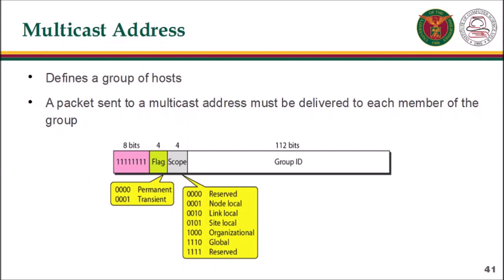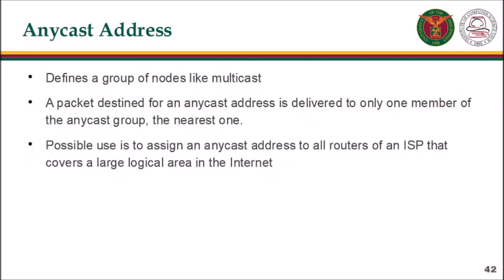A multicast address defines a group of hosts. A packet sent to a multicast address must be delivered to each member of the group. An anycast address defines a group of computers that all share a single address. A packet with an anycast address is delivered to only one member of the group, the most reachable one.